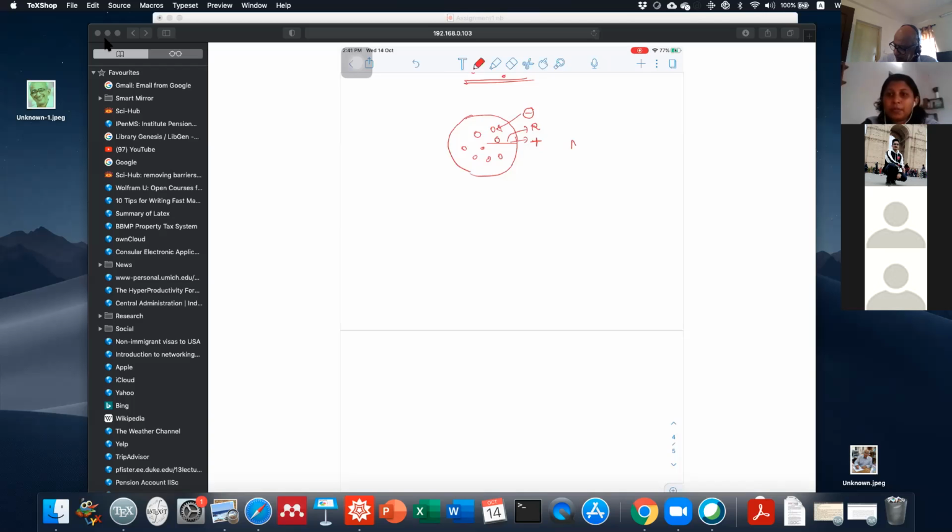Is that fine? Then I need to calculate the energy of the sphere according to the Bohr theory. According to the Bohr theory, the angular momentum is I into omega, where I is the moment of inertia and omega is the angular velocity. So that is the angular momentum.